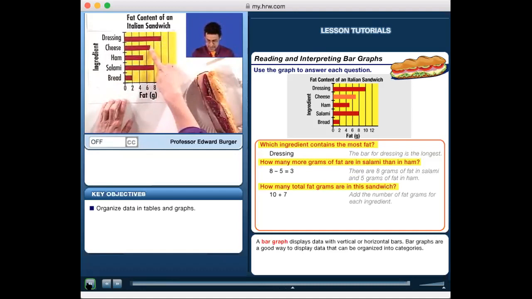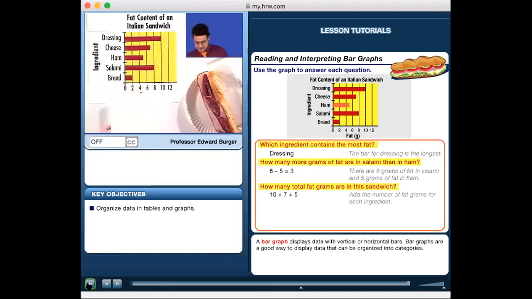And then we add this value right here, which is 5, and we get, now you might want to write all this down. Take this down. So we have 10, and then here we see 7, and here we see 5, and here we see 8, and here we see 2, and you want to add all that up.